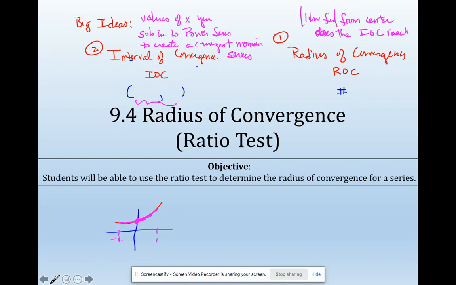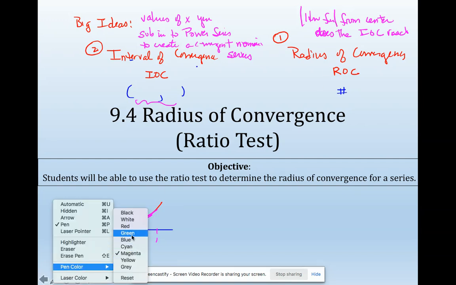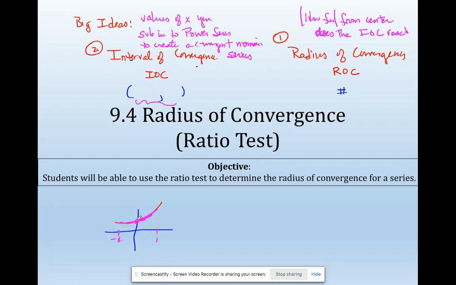So for example, down here, you can see with the center at 0 that I've highlighted, the radius of convergence is 1. How come? Because I can go to the right from the center, a distance of 1, and to the left of the center, a distance of 1, and that's where I can pick all of my x's that will create a convergent numeric series.